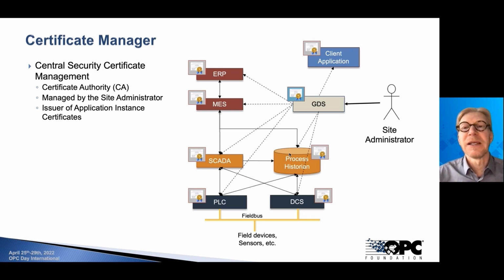And the idea here is that once the GDS has issued these, it signs these certificates, and then the applications in this network can share the trust with each other, so that they can automatically trust any application that the GDS has issued, and you don't need to define this trust one by one for every application separately.